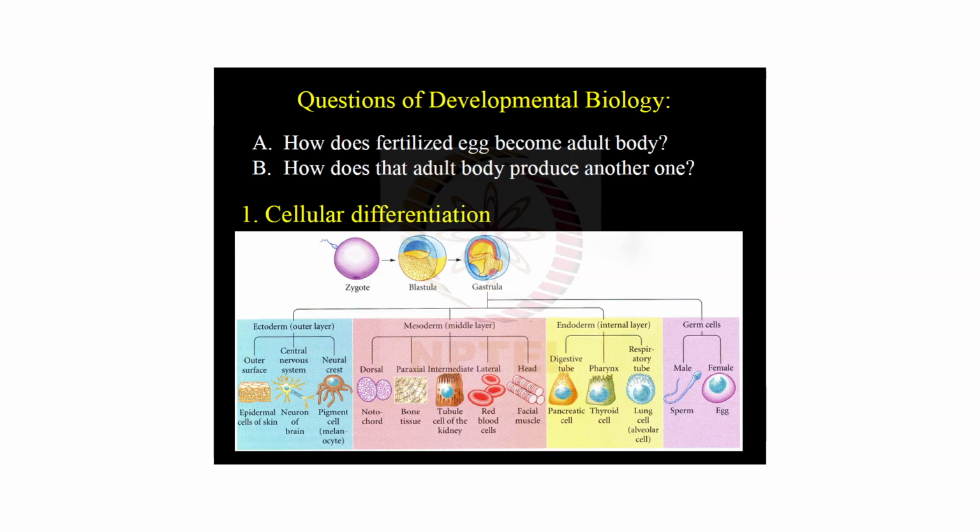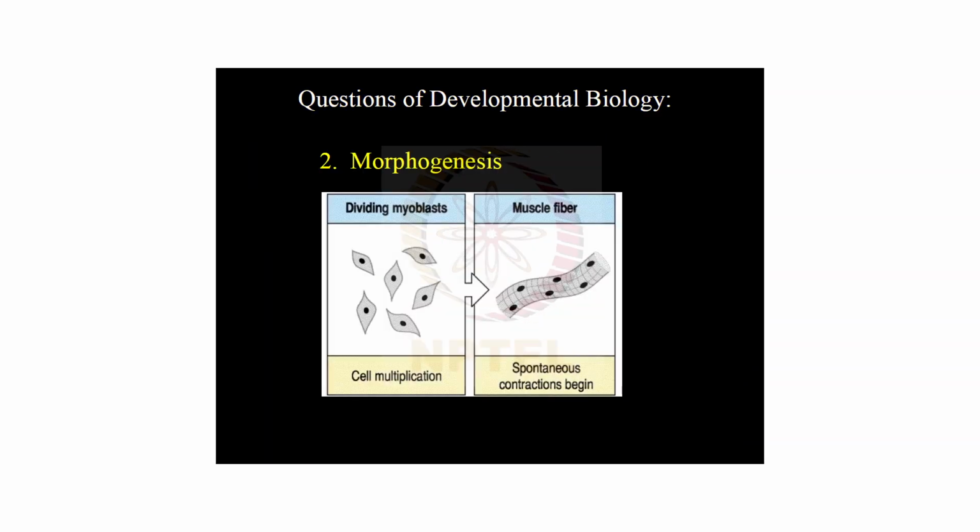Those different cells will help in the formation of those different parts, which will further lead to the formation of a whole complex organism, or we can say an adult body. Okay, so all of this will be done under the influence of different kinds of signals that a cell gets, and further the cells differentiate, which leads to cellular differentiation and formation of a complex organism.